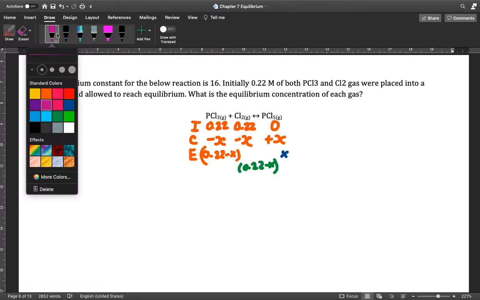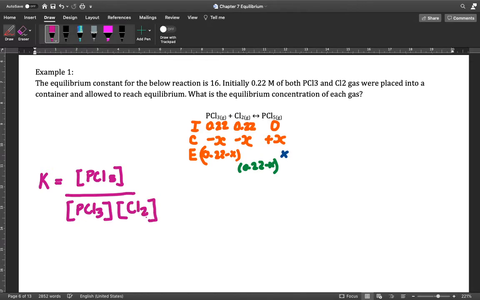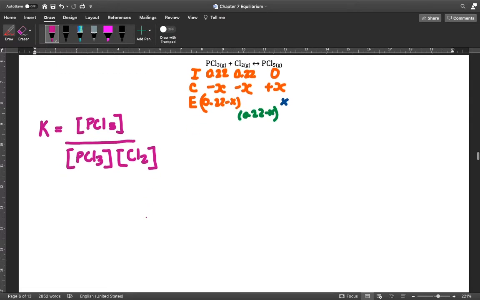What I'm going to do now is write my equilibrium constant equation. K is equal to, and because I have my reaction, I'm going to use that. My products go at the top, so the concentration of PCl5 divided by the concentration of PCl3 times the concentration of Cl2. Now I'm going to plug in everything that I know.